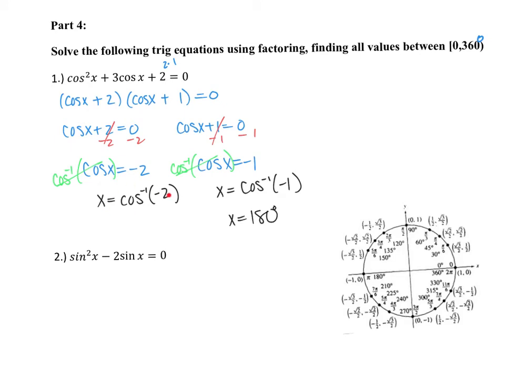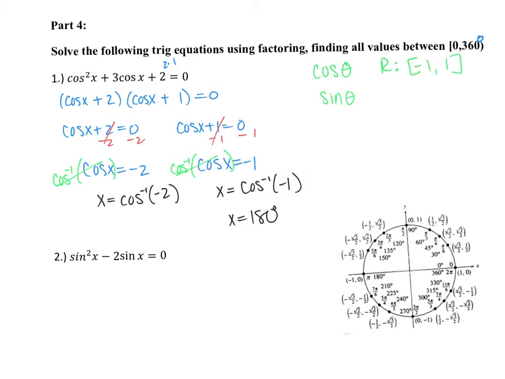And then this one's really fishy. If you throw this in the calculator, cosine inverse of negative 2, you'll get an error. And you should get an error. Because one of the things we learned is that cosine has a range. And the range for cosine is always between negative 1 and 1. So is sine.